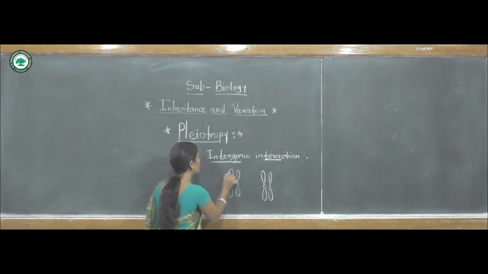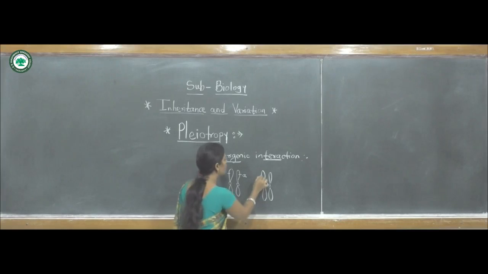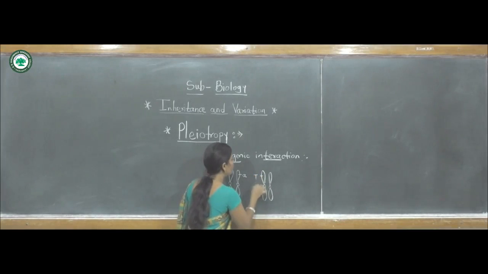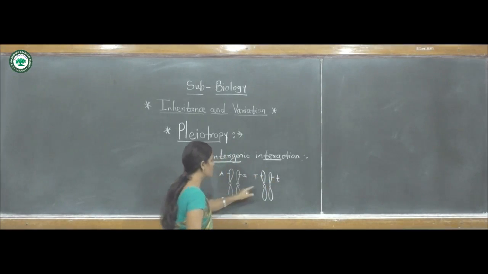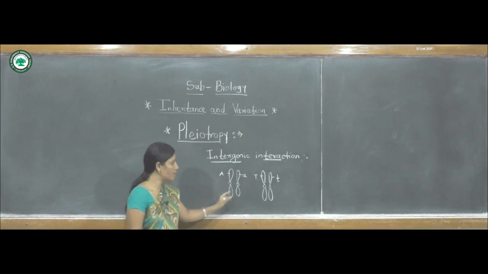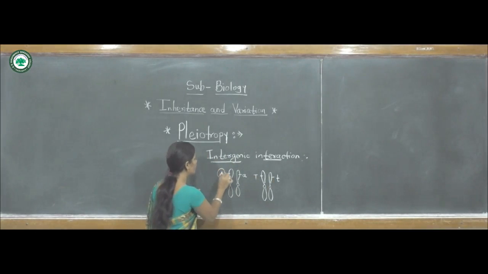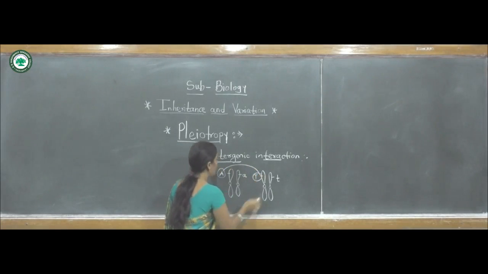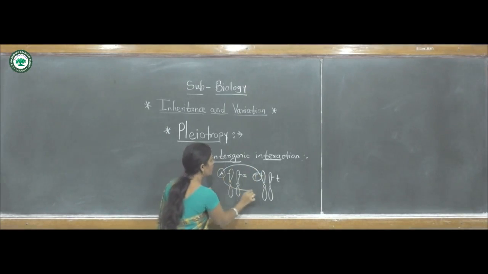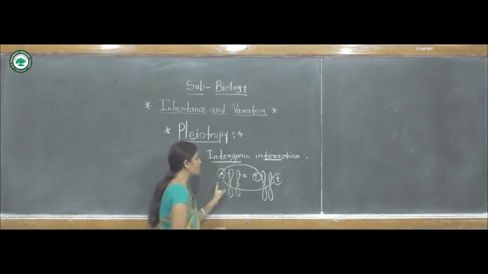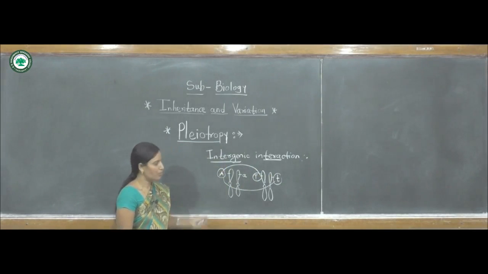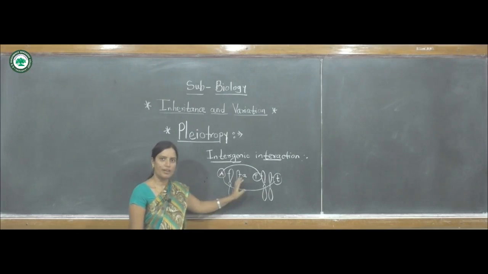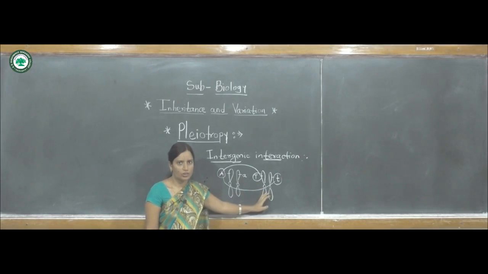Suppose this is gene A, and another chromosome has the gene T or small t. This gene interacts with another gene, and that gene also interacts with this gene. One gene can also interact with other genes.